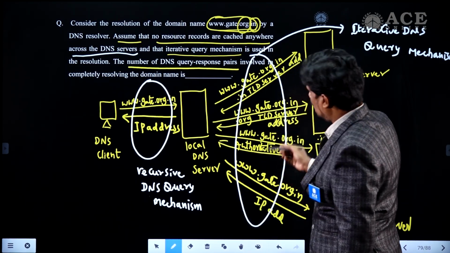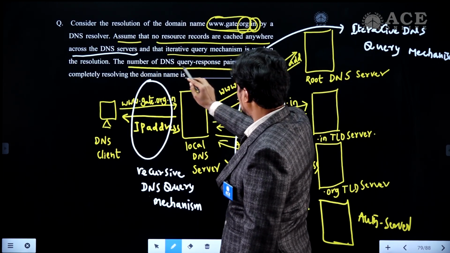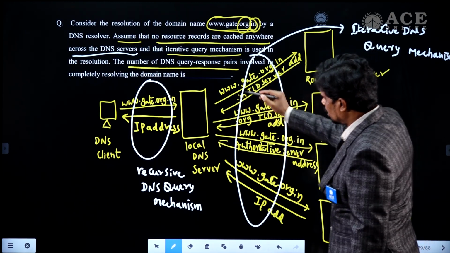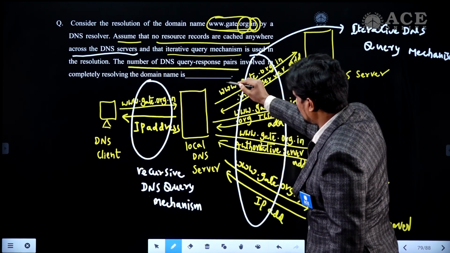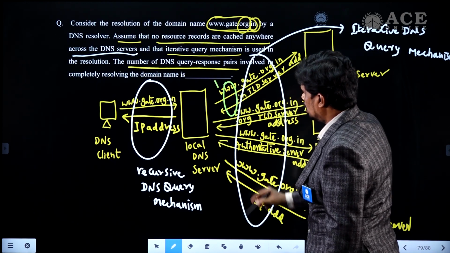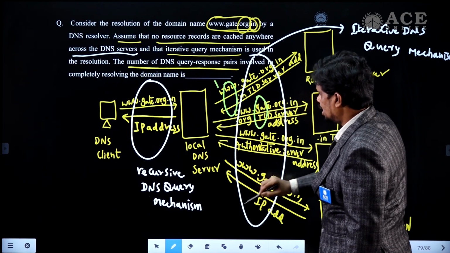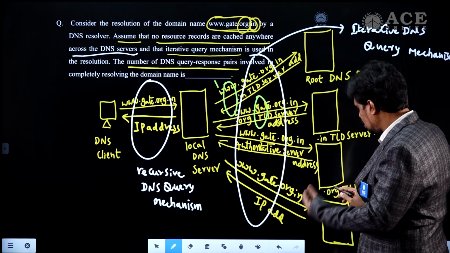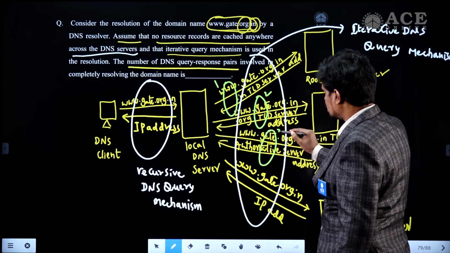As the question is asking about the iterative query mechanism and the DNS query response pairs, look at how many pairs we have. This is collectively one pair: the interaction between the local DNS server and the root server. The interaction between the local DNS server and the .in server is the second pair. The interaction with the second level TLD server is the third pair.